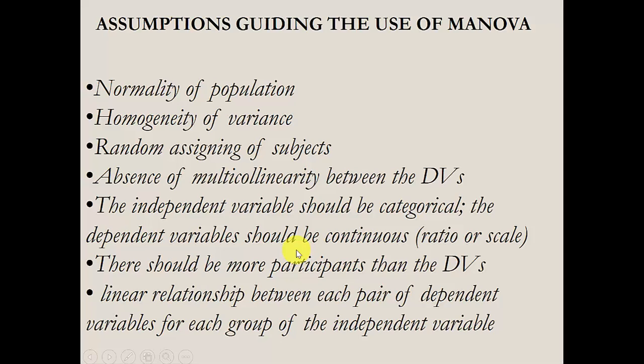So those are examples of categorical. And when you say the dependent variable should be continuous, of course, this can either be ratio or scale. Examples include test scores of students, either the achievement test scores, post-achievement test scores, or pre-attitude test scores, and the like. So those are examples of continuous variables.